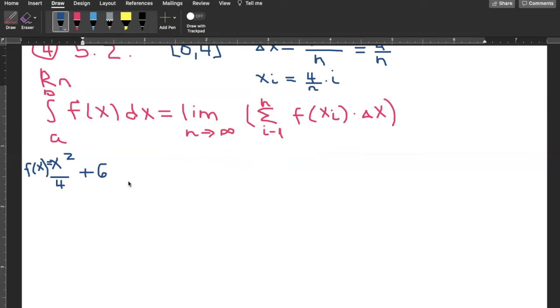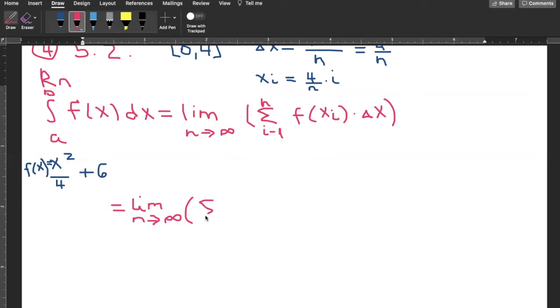So the first thing that you need to do is rewrite the limit. So this is equal to the limit as n approaches infinity. I don't know why I keep writing 8 instead of infinity. And then we are plugging xi, which is this, into the function.